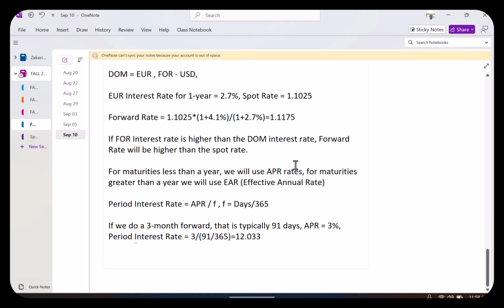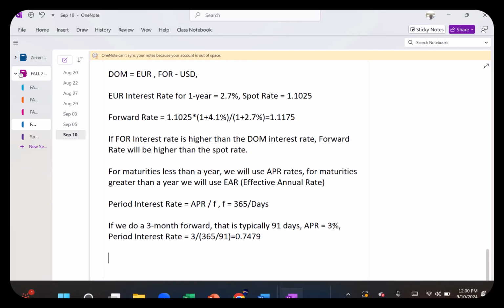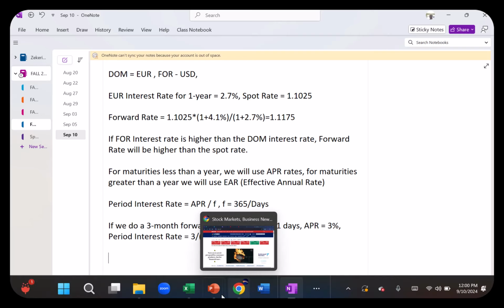No, that shouldn't be. It should be 365 over days. I'm sorry. So the actual interest rate that you pay over 91 days is 0.7479%. That's because of the interest rate conventions.